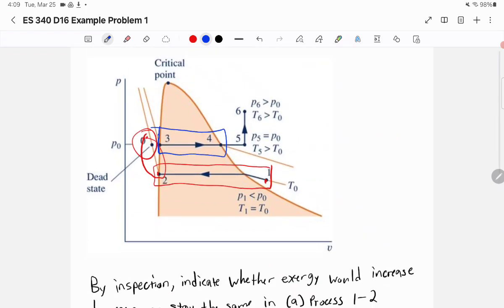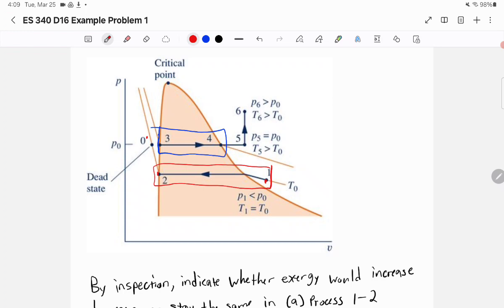In the PV diagram, you can see that I get further from the dead state as I go along here from 3 to 4, right? The temperature has increased, but the pressure has stayed the same.